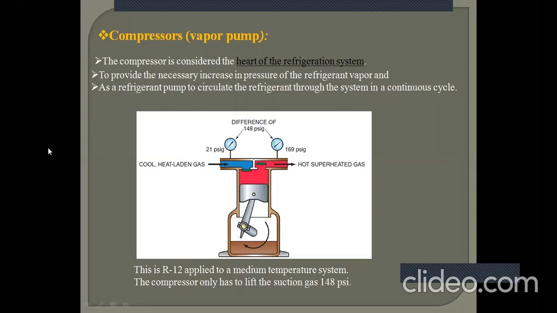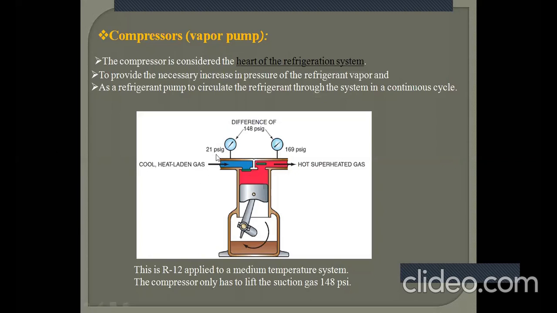The first thing the compressor does is provide the necessary increase in pressure of the refrigerant vapor. The refrigerant which comes out of the evaporator, heat laden, also called heat laden gas, is then supplied to the suction of the compressor.